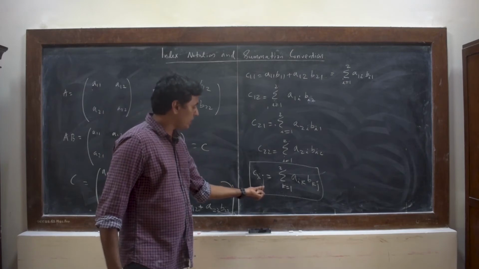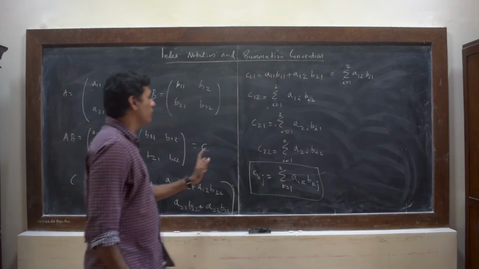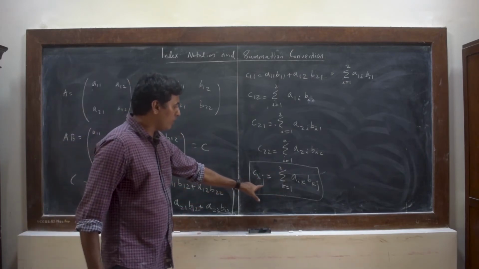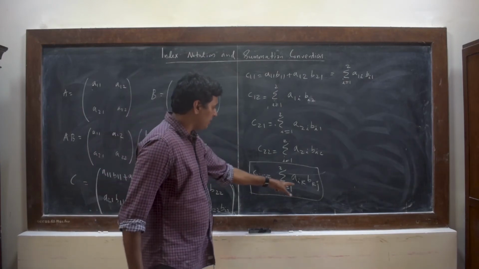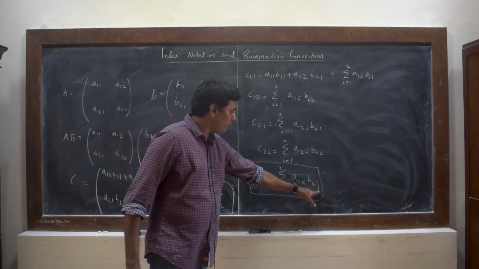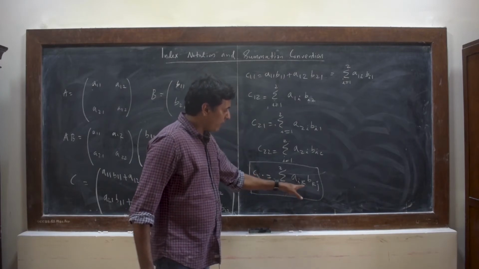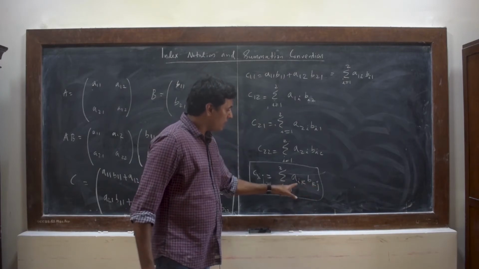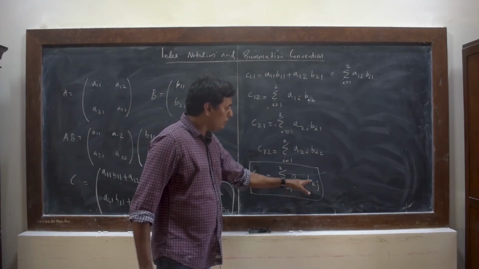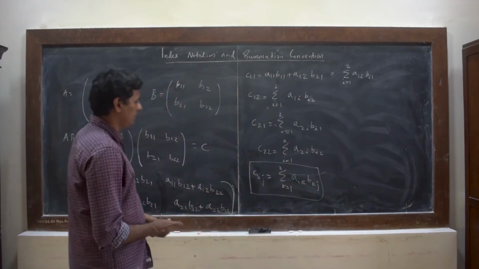Similarly, j can also take 1 and 2. So this will be your Cij. If you want to get C11, i will be 1 and j will also be 1. So you will get A11 B11 plus A12 B21.